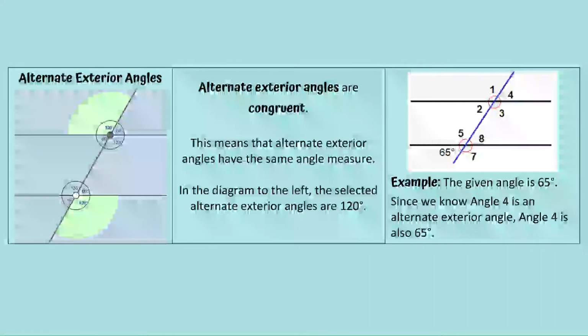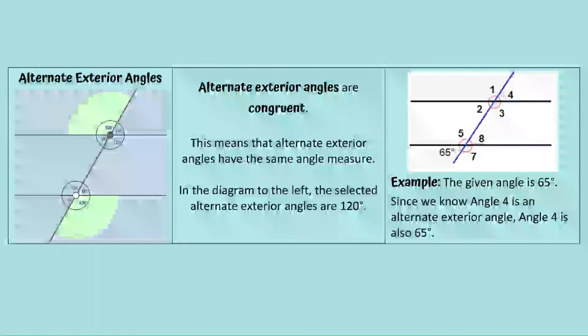Now let's look at our example on the right. This is a different problem than the previous ones. So in this case, the given angle is 65 degrees. We want to look at alternate exterior angles. So if we start at our angle that is 65 degrees, we're going to go to the other exterior side of the parallel line, so the very top, and the alternate side of the transversal.